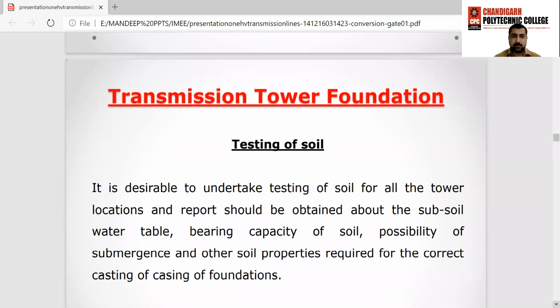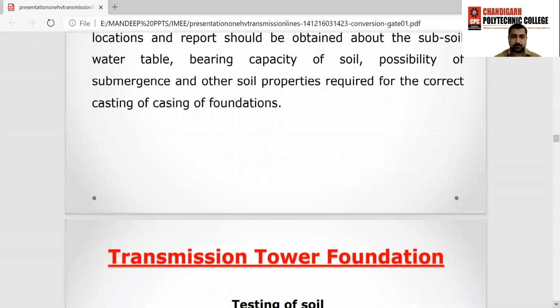Testing of soil. It is desirable to undertake testing of soil for all the tower locations, and a report should be obtained about the subsoil water table, bearing capacity of the soil, possibility of submergence, and other soil properties required for the correct casting of the foundation.